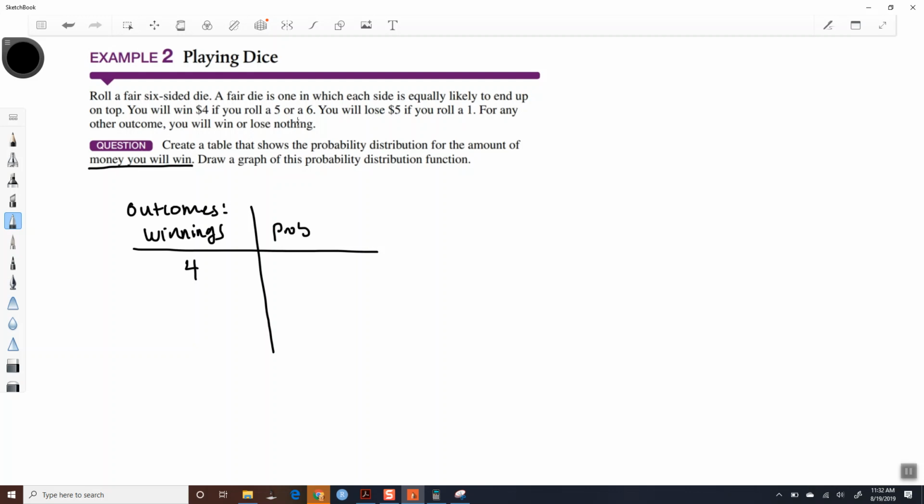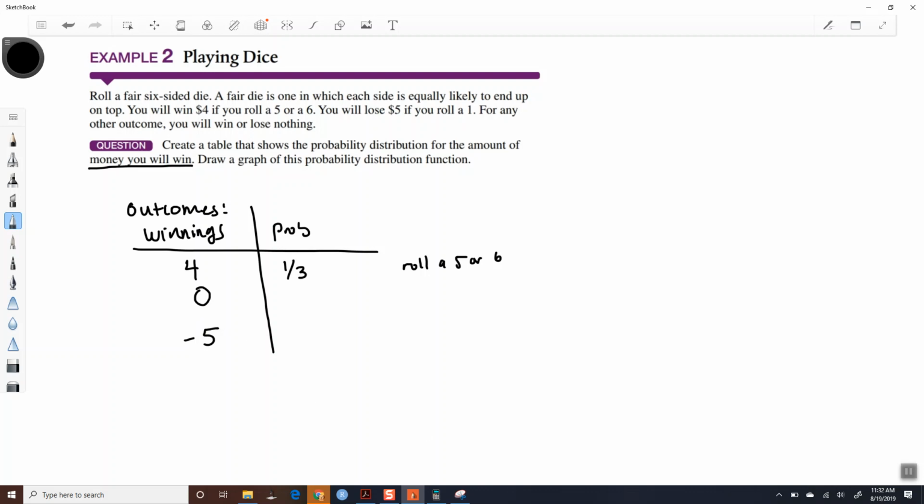We have to roll a 5 or a 6, which means we have a probability of 2 out of 6, or 1/3, right? So this is roll a 5 or 6. We can also win 0, and we can also win -5.